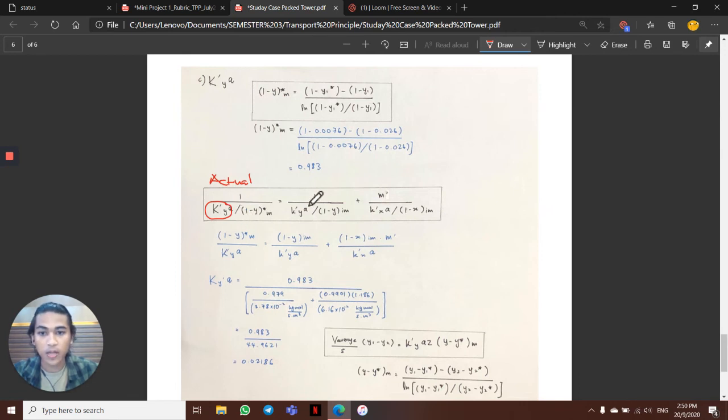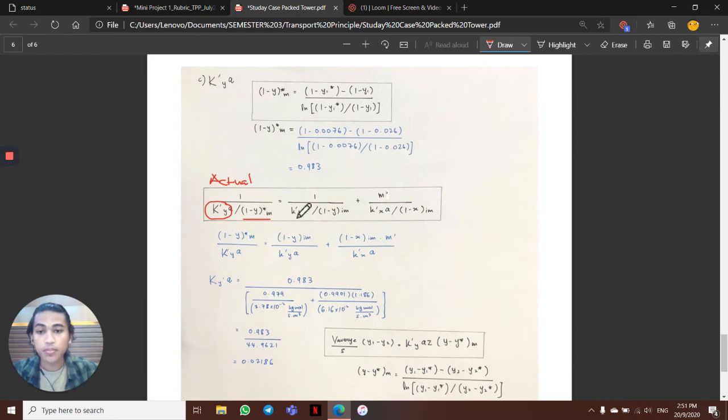capital K prime ya, you have to find 1 minus y star m. So this is the formula, because this 1 minus y star m is needed to calculate the capital K coefficient.